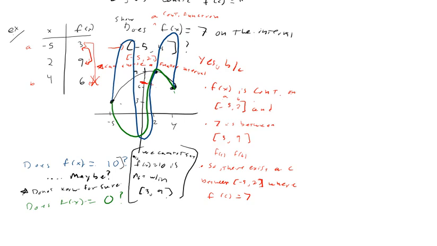Because f of 10 is not within, that's w with in. Maybe I should just write it out. Within the boundaries of f of a and f of b. Yeah, there's not enough information. We can't say for sure.